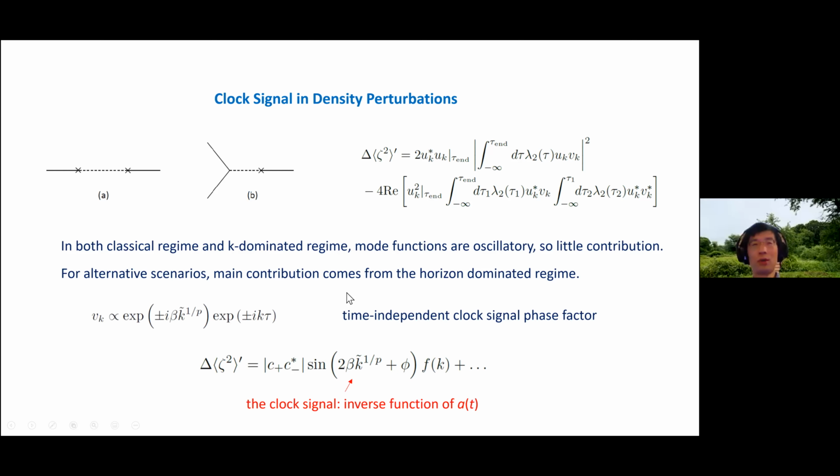But we already know that before this regime, the mode function already picks up a time-dependent phase. If you have both components, the positive frequency and negative frequency components, once you multiply its value with its complex conjugate, you have some interference terms which can successfully record the phase factor into a sinusoidal function as a function of K.